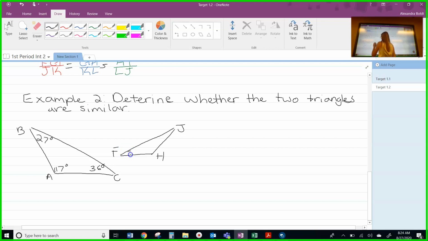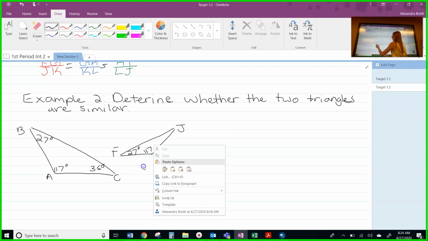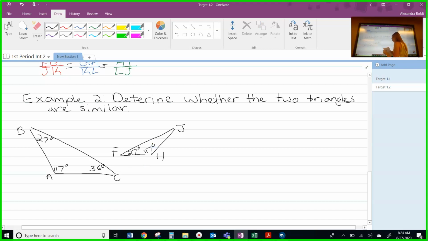And this is 27 degrees, 117 degrees. Okay, pretend there's a degree symbol there because I've tried 3 times now.